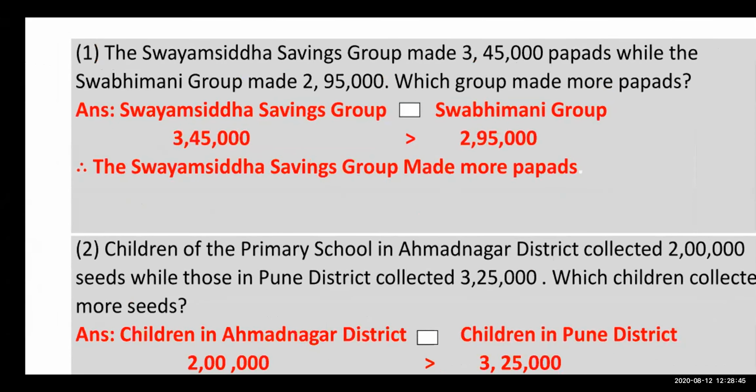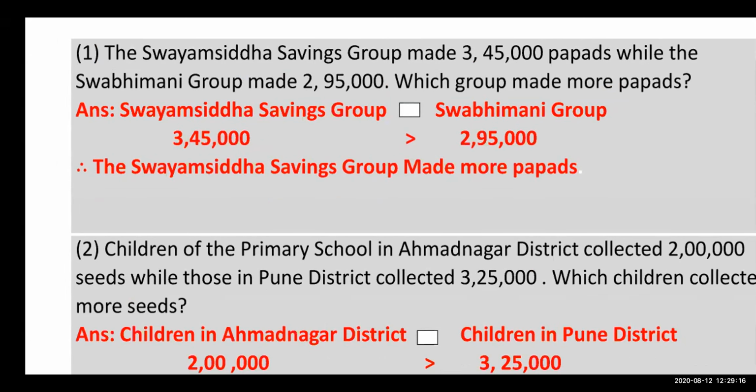Now, first, the Swayam Siddha saving group made 3,45,000 papads, while the Swabhimani group made 2,95,000. Which group made more papads? स्वयं सिद्धा सेविंग ग्रुप ने कितने पापड़ बनाए? They made 3,45,000 papad. And Swabhimani group, how much they made? 2,95,000. Okay, so which group made more papad?